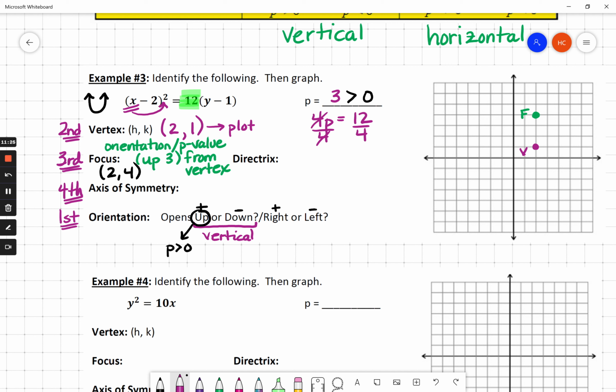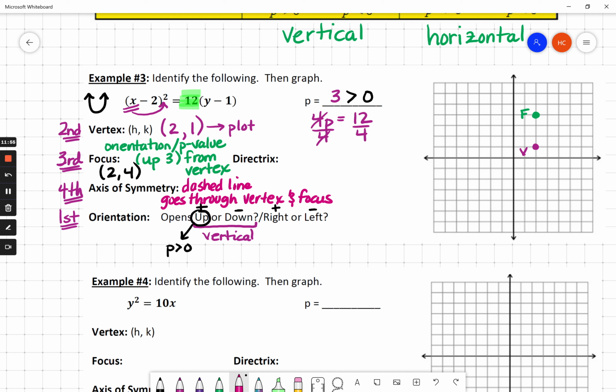The axis of symmetry, let's do this in like a bright pink, is going to be a dashed line that goes through your vertex and your focus. Okay, so I'm putting that as your fourth step because you just graphed your vertex and you just graphed your focus.